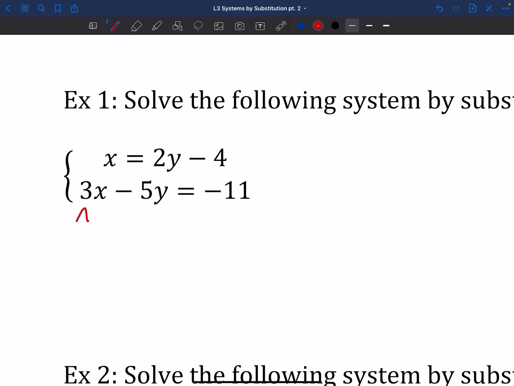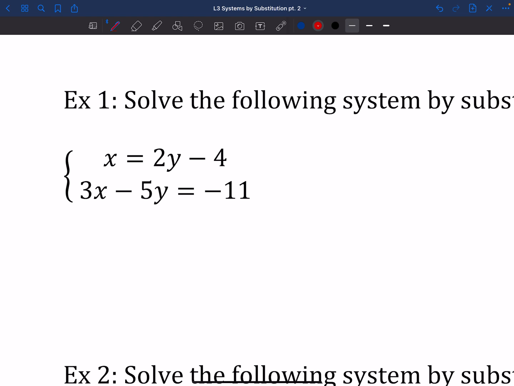This other one does look like ax plus by equals c. So basically, we're looking for one equation to have the variable all by itself with an equal sign, and the other equation has all of its variables on the same side with no variables on the other side.